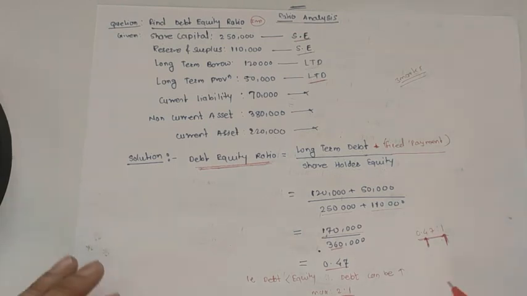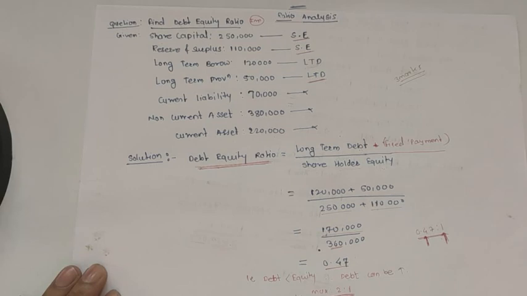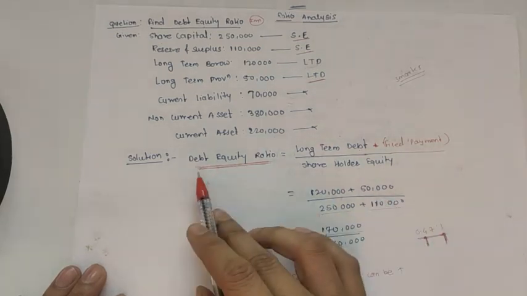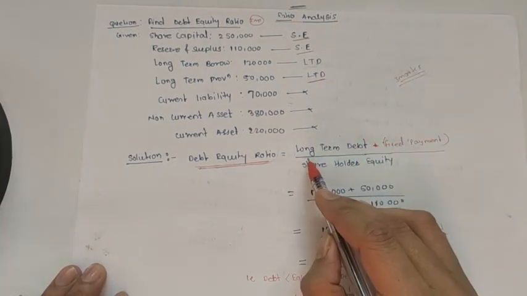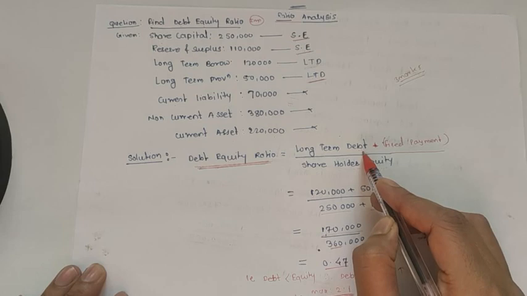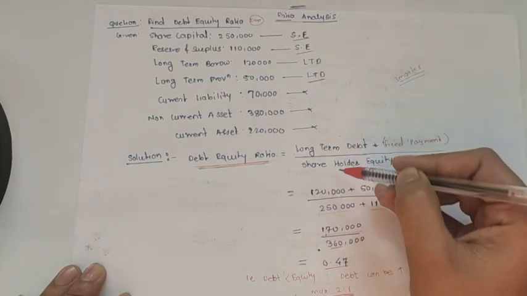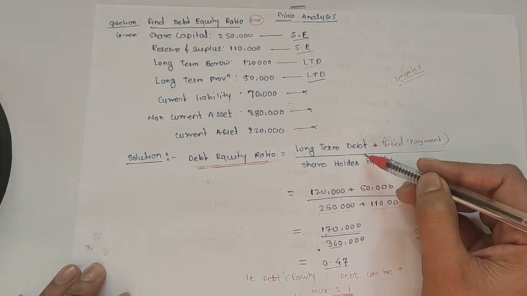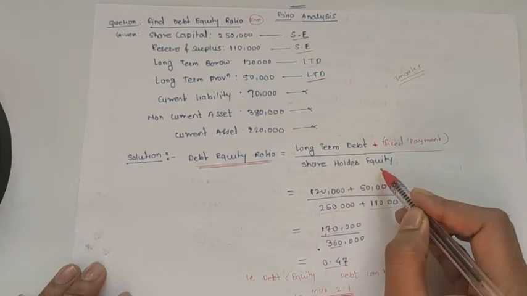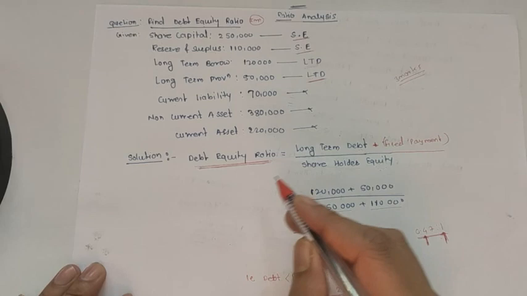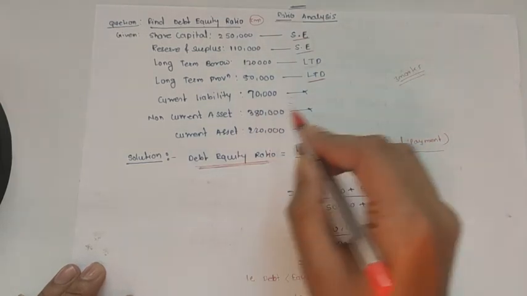In the next upcoming video, we'll complete the remaining case studies and some theory part, that is how to add some values in the numerator, like how to calculate the long-term debt, and what components we need to take in the denominator, like shareholder equity. But what is shareholder equity? While solving the numericals, you come to know the basic idea, right?